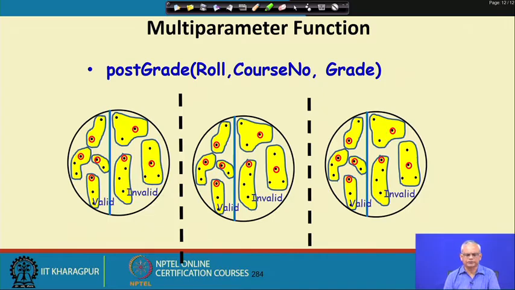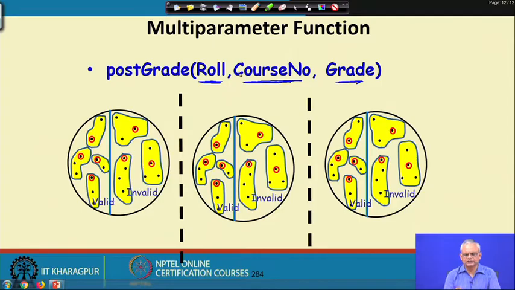Let us say we have a function called post grade, that is, the teacher wants to post the grade, and the post grade function takes three parameters. One is the roll number, the second parameter is the course number, and the third is the grade obtained in that.